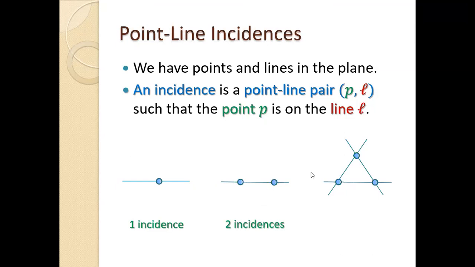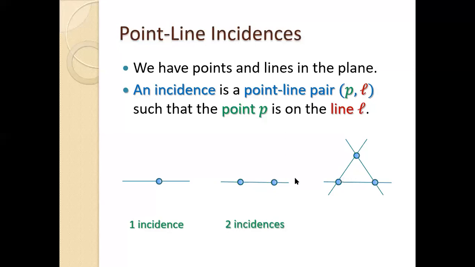Okay, and here on the right, how many incidences do we have here? What do you think? I see all sorts of answers. The important thing is not about being right here. It's just to make sure that this makes sense, because we're going to keep talking. We're going to get more deeply into this.